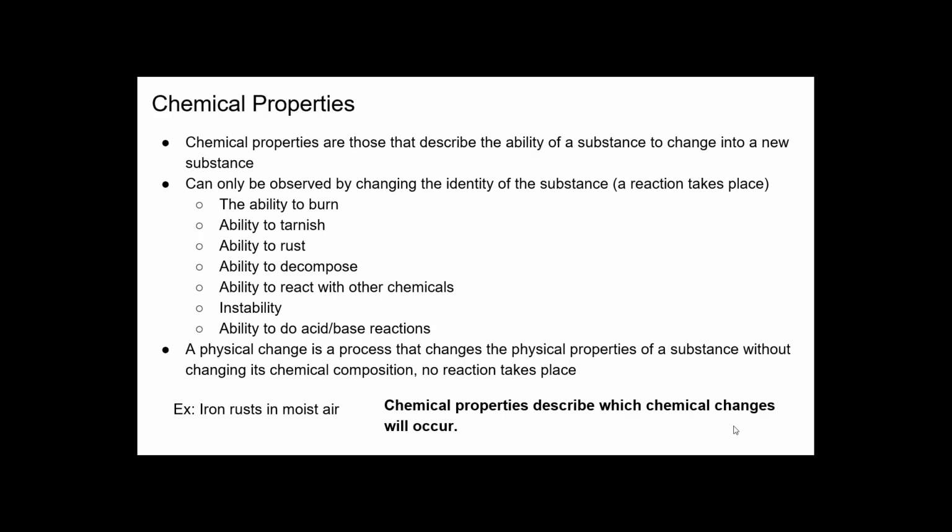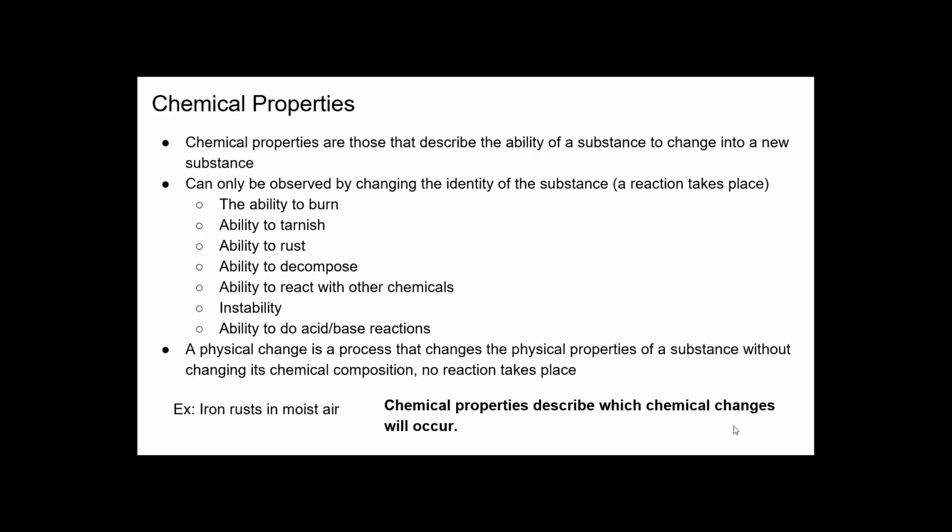Ability to rust, same thing. Rusting will, if you have iron and it's now a rusty nail, eventually if that nail keeps combining with the oxygen, it will just disintegrate. It will no longer be iron, and it's iron oxide, and it will just rust away. Ability to decompose. Decomposing is a chemical reaction because you had a tomato and now the tomato is decomposed. You're not going to want to eat that tomato anymore because it's no longer really a tomato.